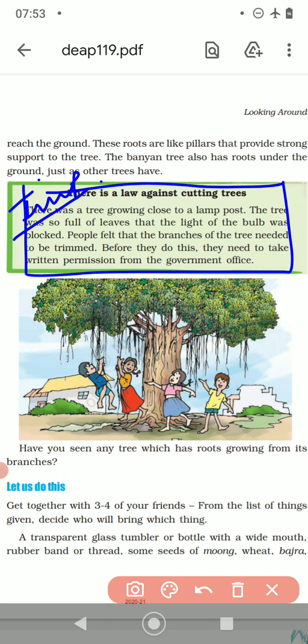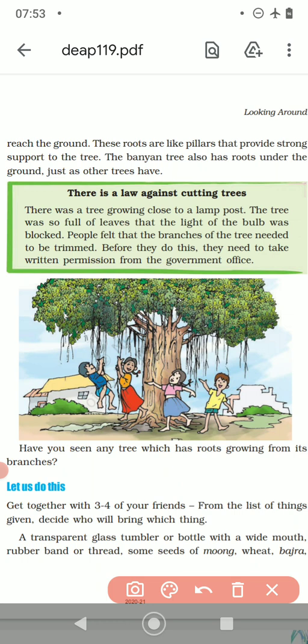So children, just start. There is a law against cutting trees. There was a tree growing close to the lamp post. The tree was so full of leaves that the light of the bulb was blocked. People felt that the branches of the tree needed to be trimmed.